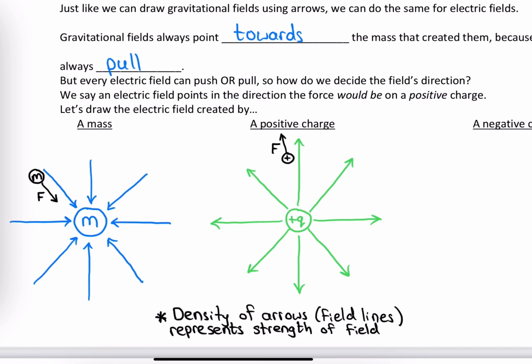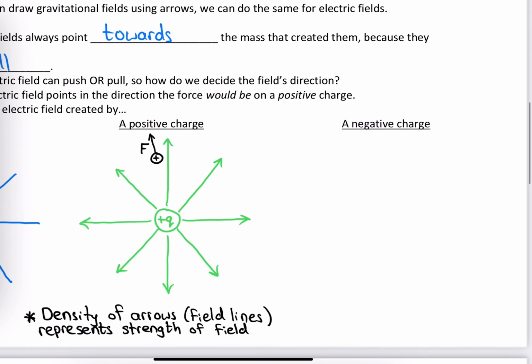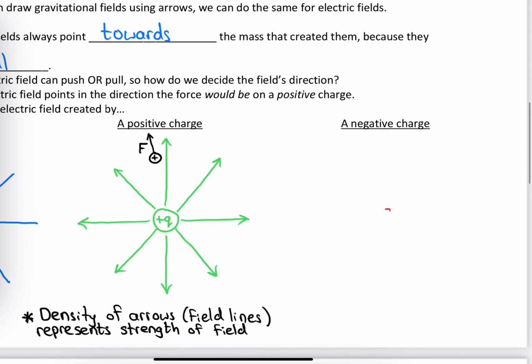Okay, now let's look at a negative charge. Again, the picture's going to look kind of the same as we're used to. It's just the direction I have to think about. So for the direction of the electric field created by this charge, I have to think of the direction the force would be on a positive charge. So let's say I take a little positive charge and I put it up here.